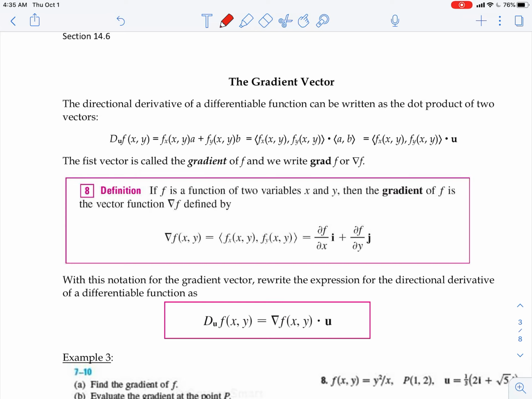So what we can do is write our direction vector in terms of a dot product where we have a vector made up of our partial derivatives with respect to our independent variables and u.